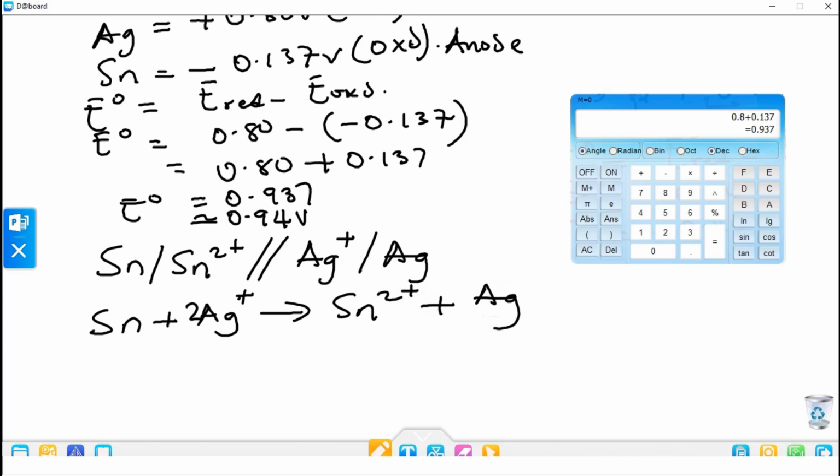So this tells us simply that tin actually lost 2 electrons and silver will gain those 2 electrons. So we have to put 2 here. Tin lost 2 electrons and silver will gain those 2 electrons. That is actually what it tells us. So this is the full equation for that reaction. It's as simple as that. So we have 2 here too. Tin has been oxidized while silver has been reduced.